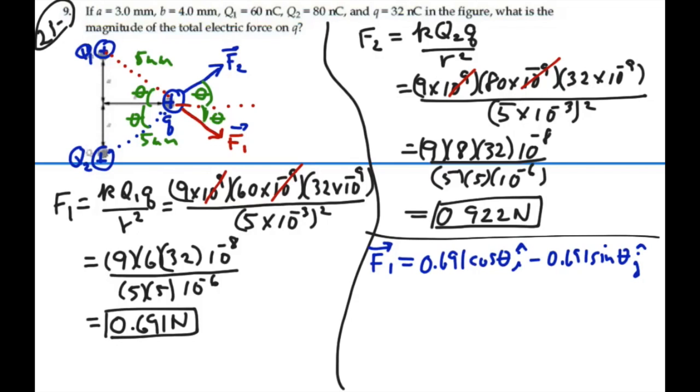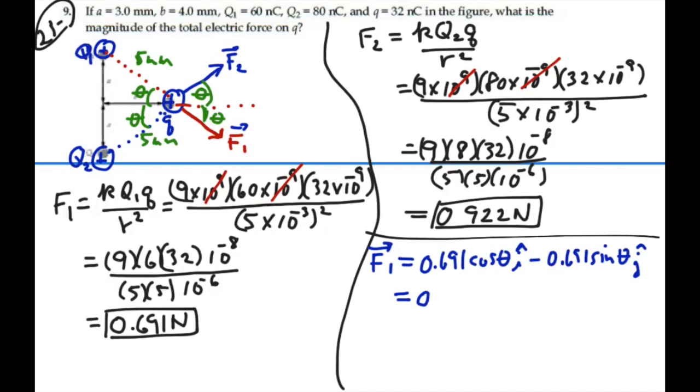Those are our two components, positive x, negative y. And we could figure out theta, but if we look at the triangle, the cosine of theta is going to be the adjacent side over the hypotenuse. Adjacent side is 4 millimeters, the hypotenuse is 5 millimeters. So the cosine of theta is going to be 4/5. And for our 3, 4, 5 triangle, the sine of theta is going to be 3/5.